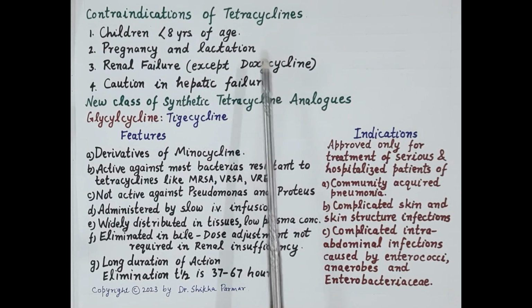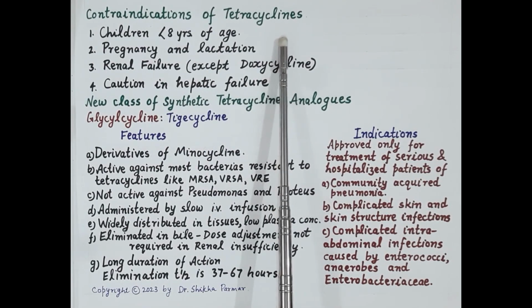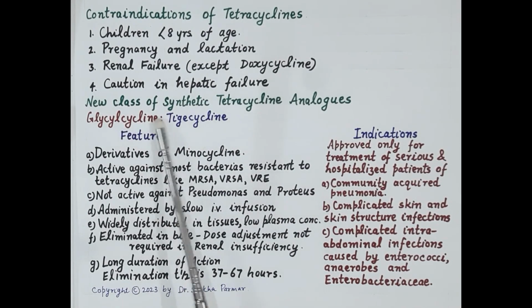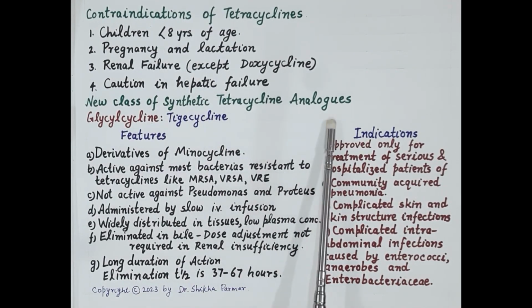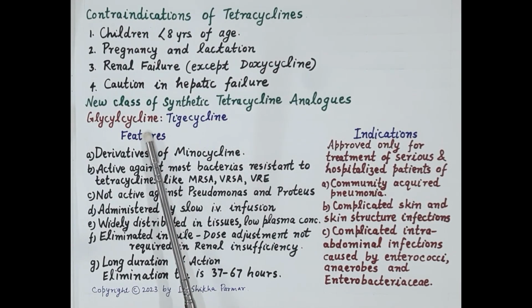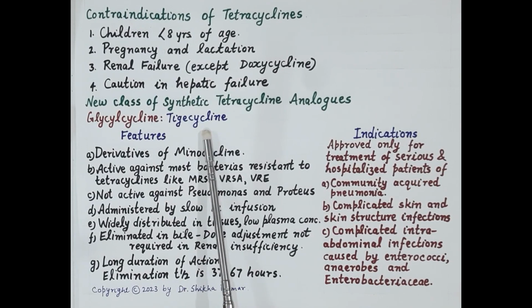Now, in addition to tetracyclines class of antibiotics that are mostly semi-synthetic, there is a new class of synthetic tetracycline analogues, and this class is glycylcycline, and tigecycline antibiotic belongs to this class. Now, tigecycline is a derivative of minocycline. It is a broad spectrum antibiotic and its mechanism of action is also as of tetracyclines.